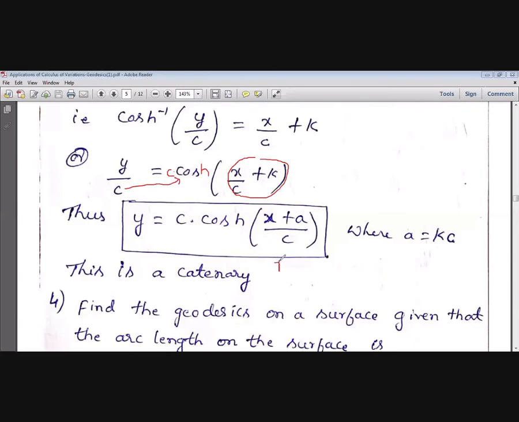But if you take LCM, then it is kc by c. The a value is just the multiplication of two constants.